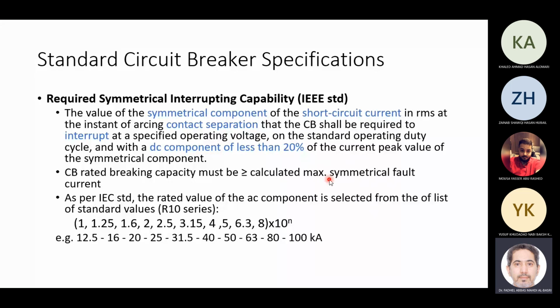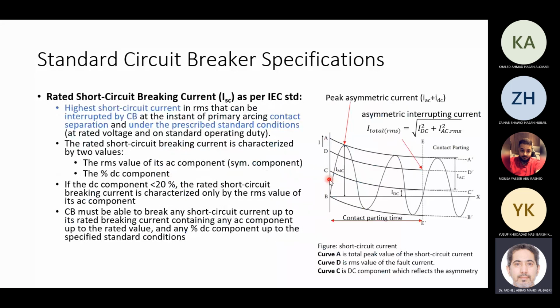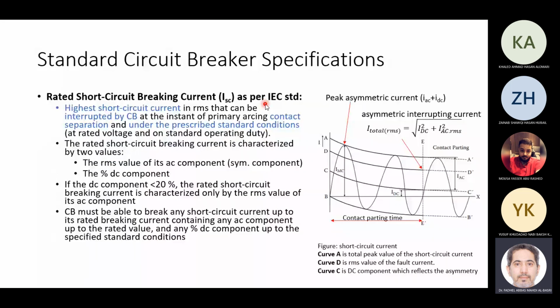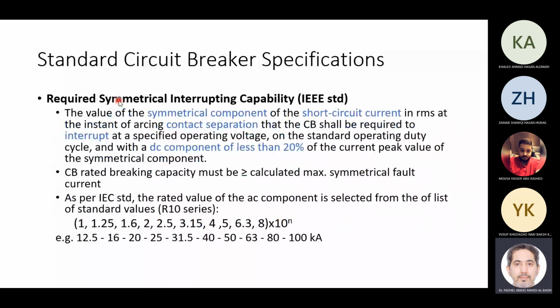Similarly here, you should choose a breaker such that this value is higher than the maximum short circuit current. This is according to both IEEE and IEC. The terminology is equivalent: in IEC they call it short circuit breaking current, and here they call it symmetrical interrupting capability or breaking capability.